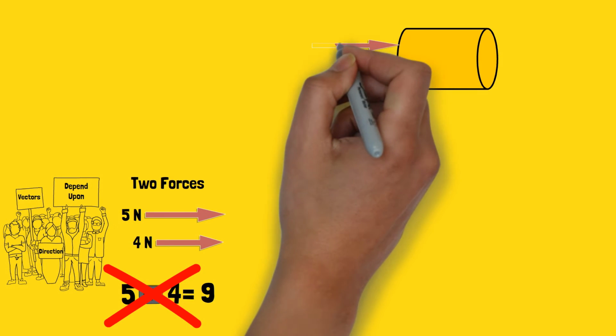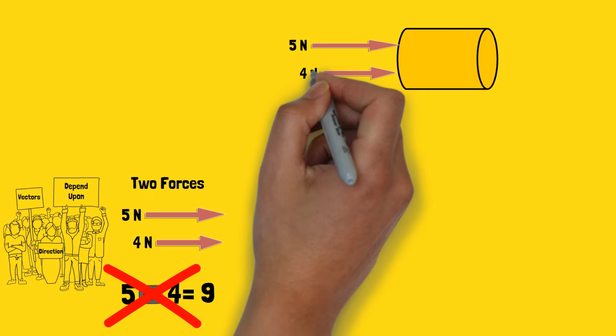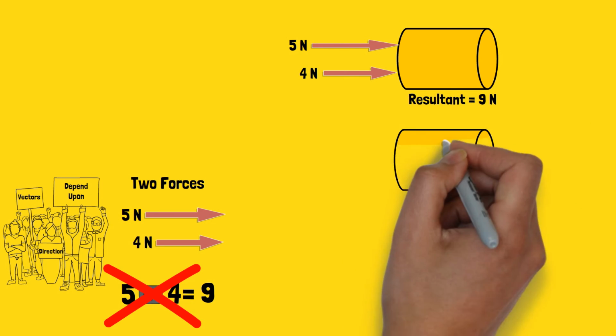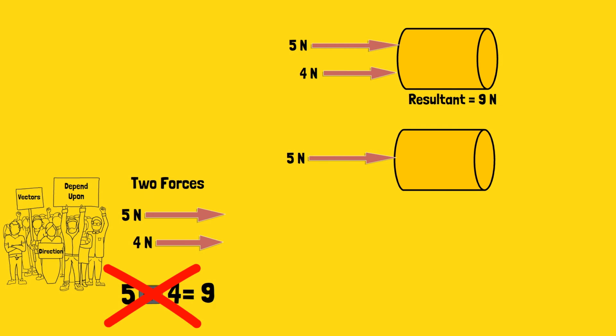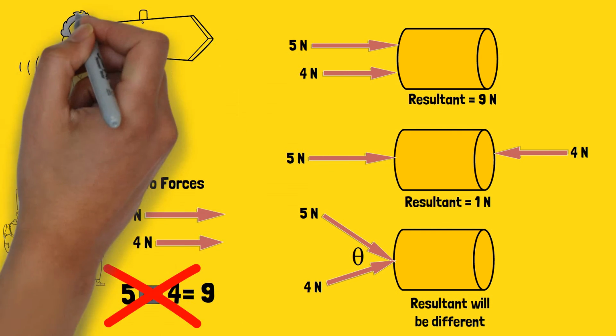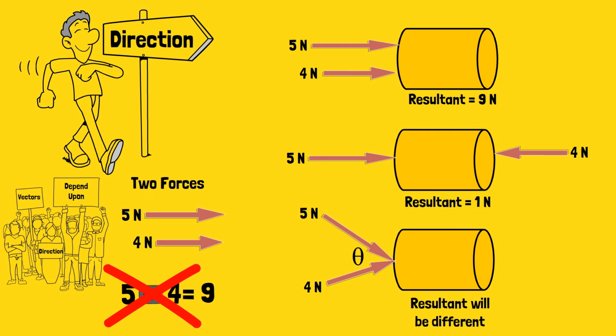So, if the two forces are acting in the same direction, then their resultant will be 9 Newton. If they are acting in opposite directions, then their resultant will be 1 Newton. Or if they act at different angles, then the resultant will be different. Hence, direction plays a vital role in the mathematical operations of vectors.